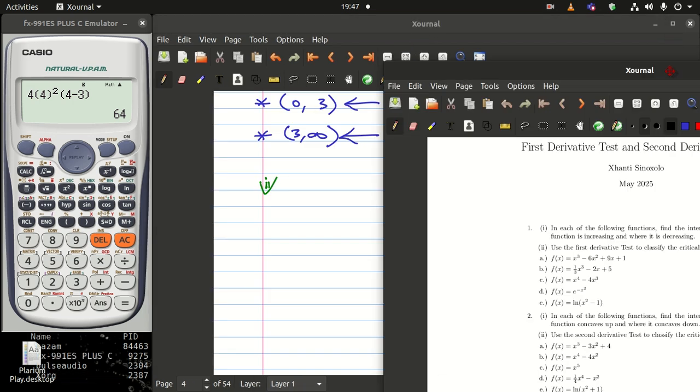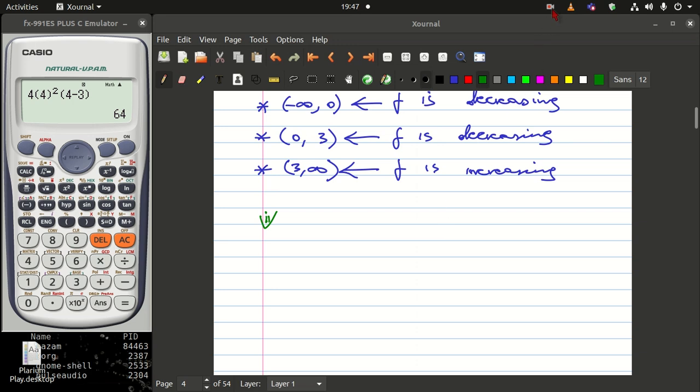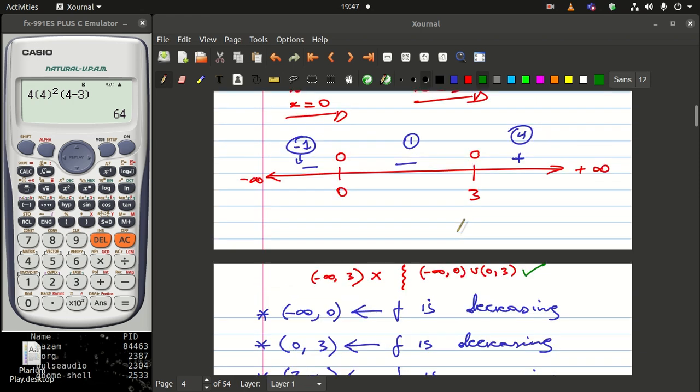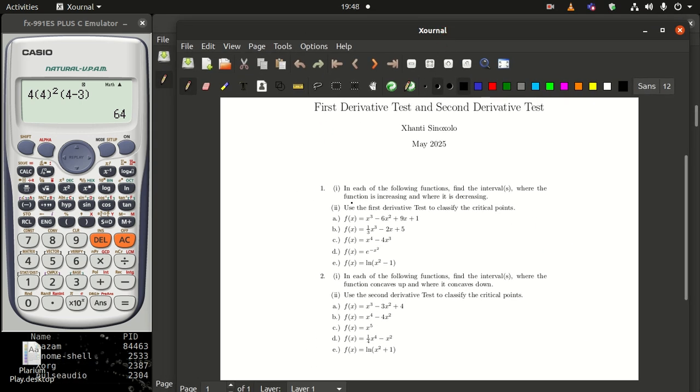How do we classify these critical points? Another thing that I want you to realize is that there is something that is confusing us here, because is this a critical point or is it not a critical point?